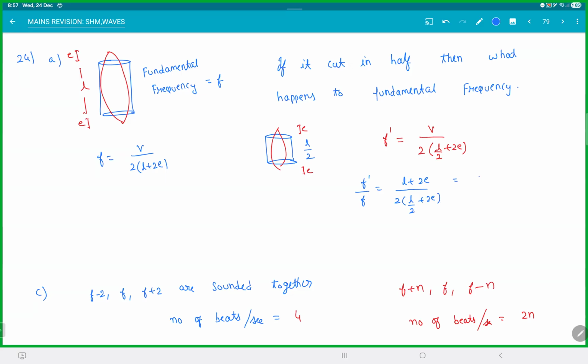If you just multiply, this will be L plus 2E by L plus 4E, and the 2 also gets cancelled and you'll get an overall 2. We can clearly see it is slightly less than 2. So F dash must be less than 2F. So it is less than double.